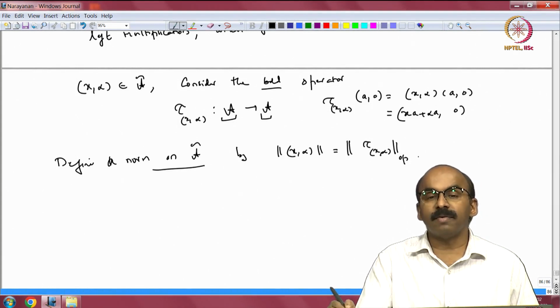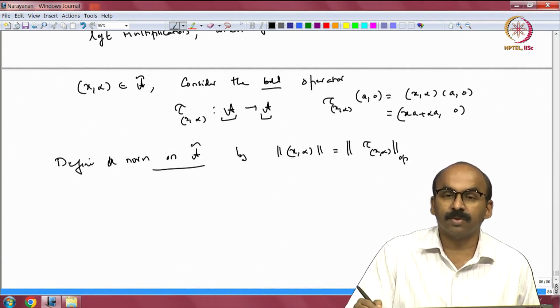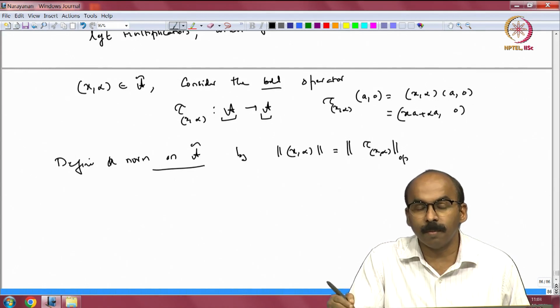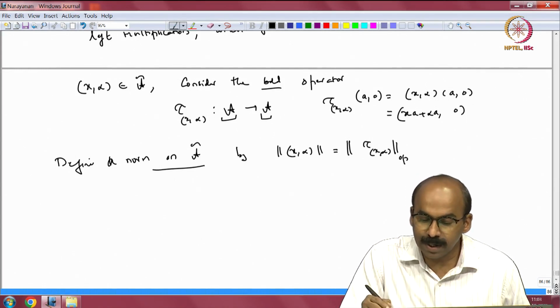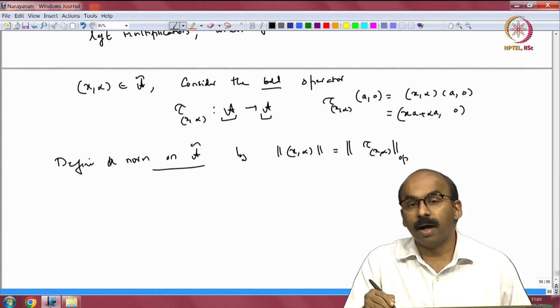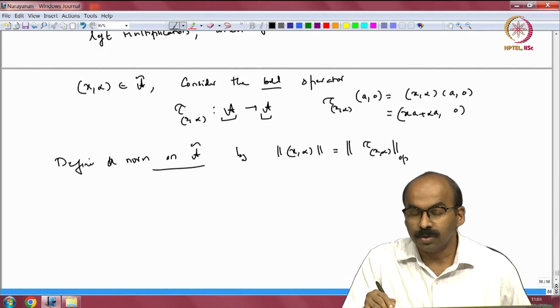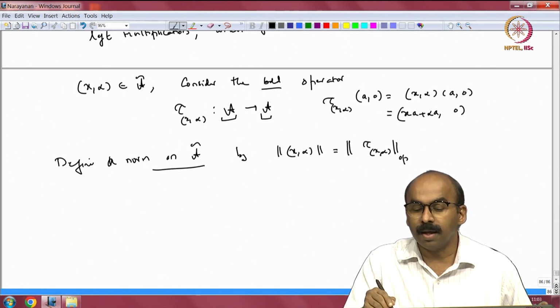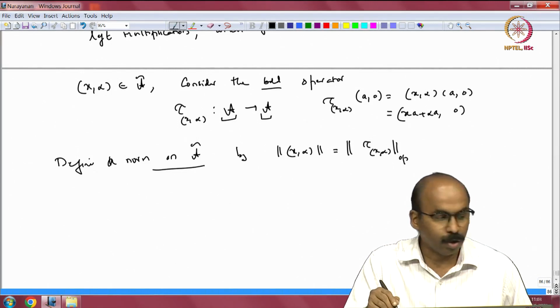So, it is an operator from A to A, which is a Banach space. So, that has an operator norm, you take the supremum over the unit ball and things like that. So, this is the norm of the element x comma alpha in A tilde. So, you take any x comma alpha in A tilde, look at it as an operator from A to A and define the new norm on A tilde by the operator norm of this particular operator.